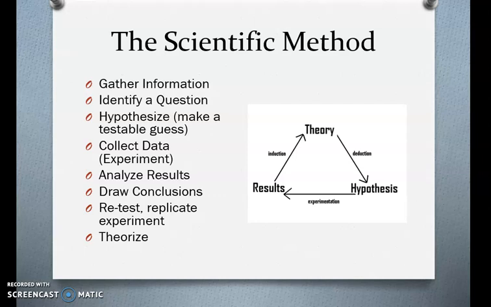And if lots and lots of people have been able to find the same type of thing that you have, then maybe possibly we can come to what's called a theory. And a theory is something that integrates results of lots and lots of studies. But it takes a really long process for this whole thing to happen.